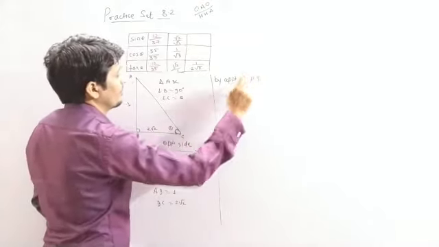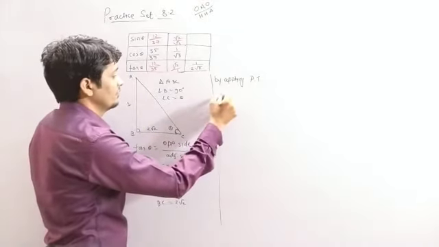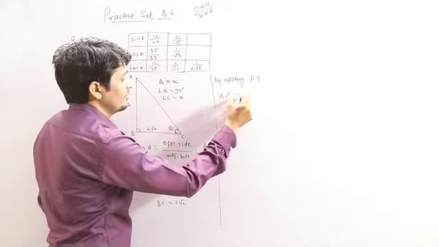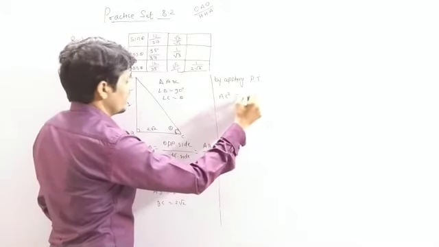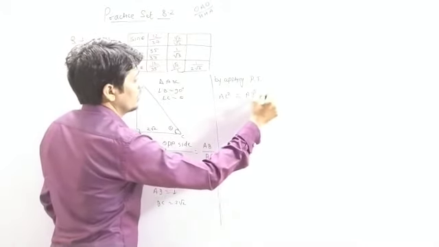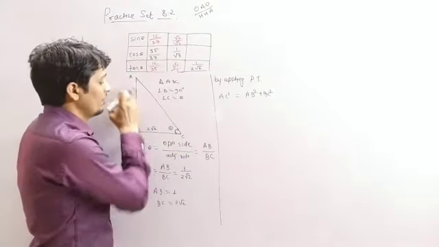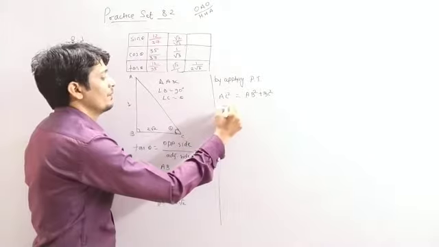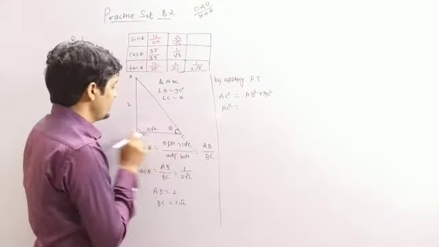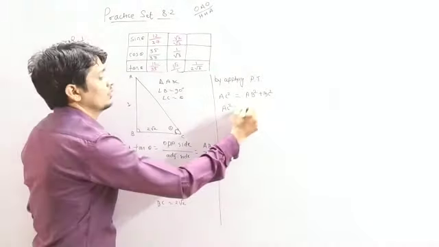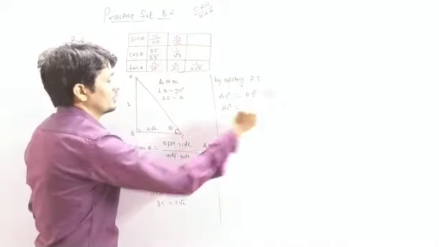What is the Pythagoras theorem? The square of AC equals to AB square plus BC square. So we have to calculate the value of AC square. So AC square equals to, what is AB? AB is 1, so we take the square of 1, plus, what is BC?